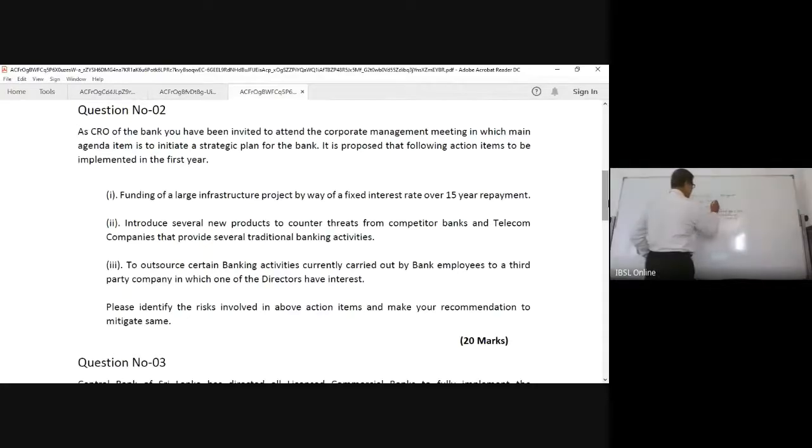Term risk you cannot reduce because he's asking 15 years, especially if you give, so you need to calculate internal rate of return in your evaluation. If the project could be completed in 5 years, and still the customer wants 15 years repayment, then you should be able to reduce that because in 5 years he will achieve all his objectives.